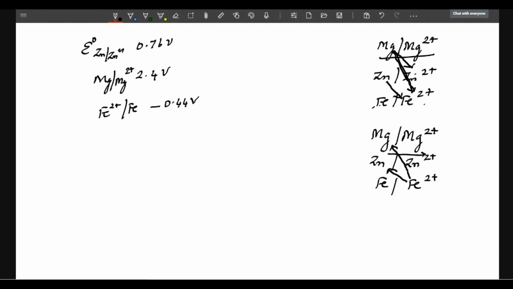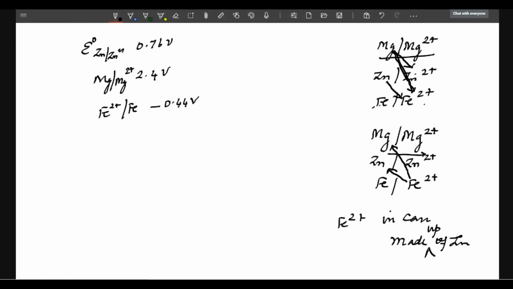And one more question on displacement reaction; alternatively they may ask whether I can place a solution in a can made of zinc. Is it possible to keep iron 2 plus ferrous sulfate solution in a can made of zinc?